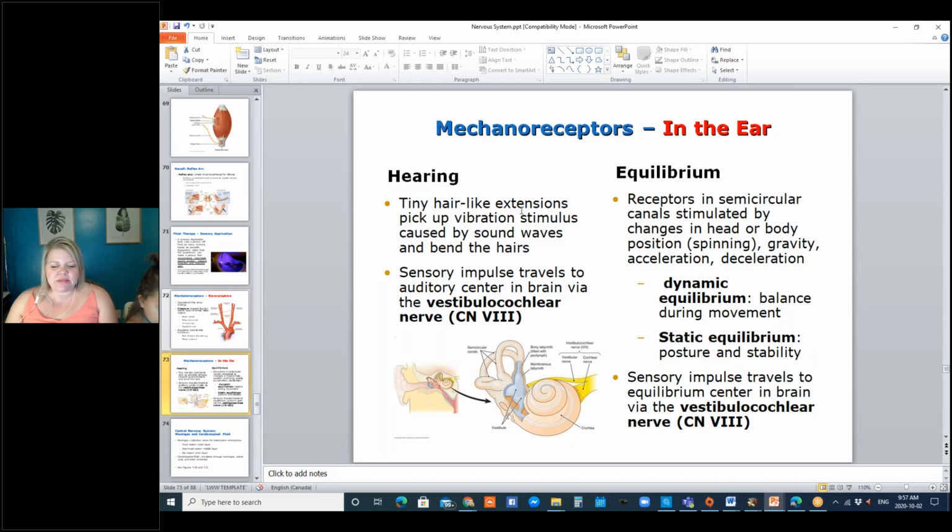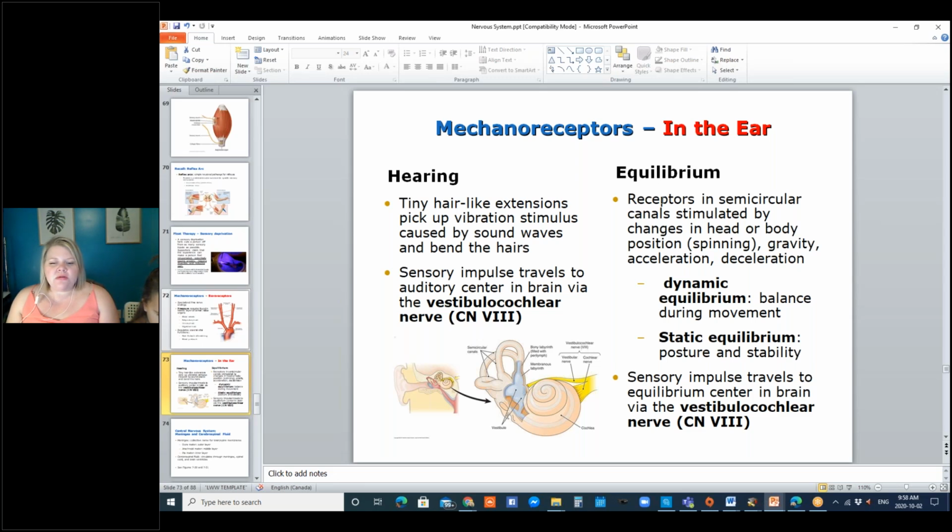They're attached to receptors, the nervous system, which relays the sensory information through the vestibulocochlear nerve or cranial nerve 8, which will then bring information to the brain and be assessed in auditory centers to be interpreted as music or somebody talking or just an irritating noise.